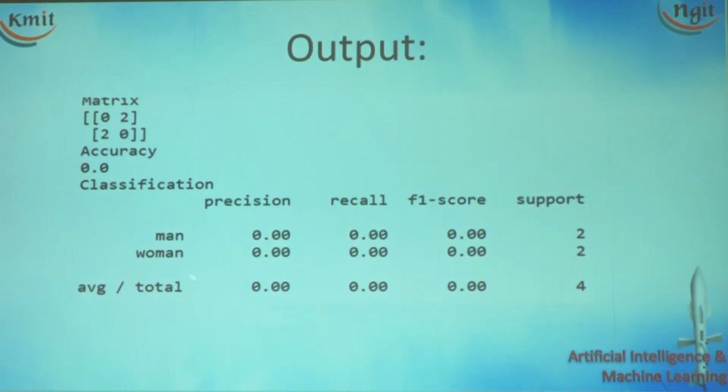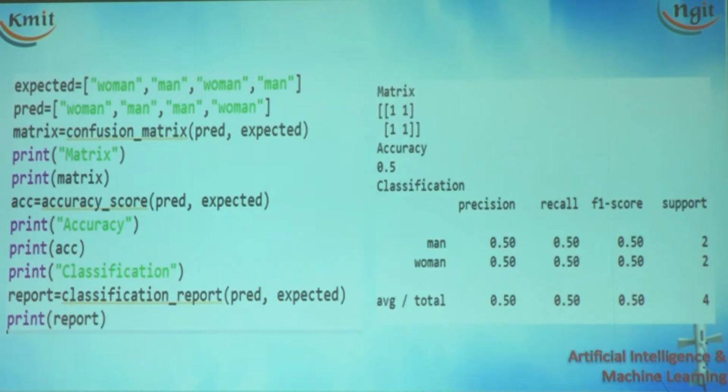And see here, this is also 50%. If you see the confusion matrix, you should be able to understand whether it is a good model or a bad model. See the confusion matrix: 1, 1, 1, 1. Total 4 only, so you need not calculate much, accuracy is 50%. Of the 4, 2 predicted correctly, 2 wrong predictions.